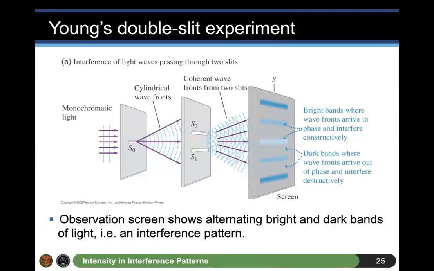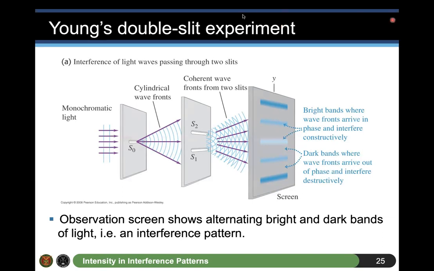Now, let's move on to Young's double slit experiment. So what is this double slit? Why is it famous? Why is it important? In this experiment, we have a source S0 of monochromatic light.